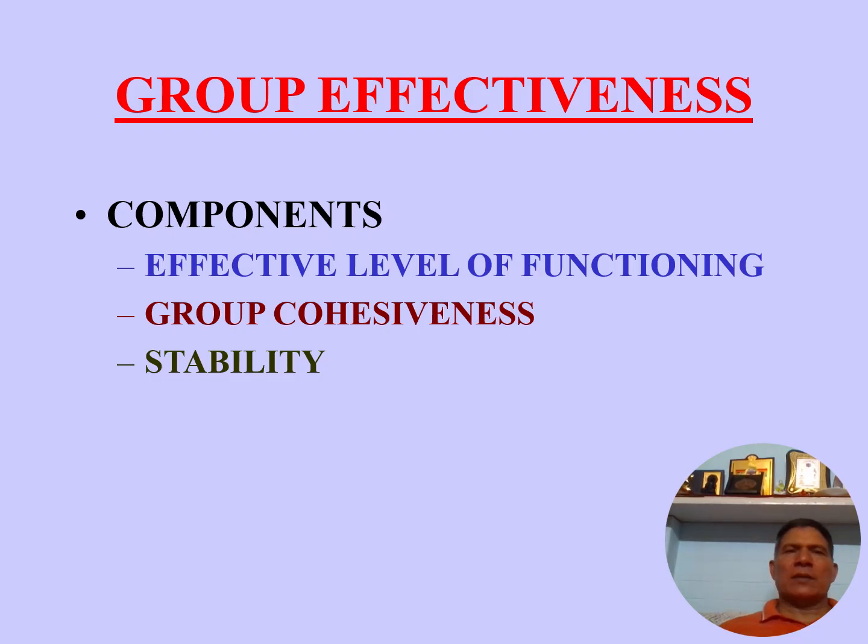So we look at group effectiveness. These are the components: effective level of functioning, group cohesiveness, and stability. The effective level of functioning is how effectively the candidate is working, at what level, and what his potential is. Cohesiveness is how friendly, approachable and good he is with the group to take out the work and function in the group.